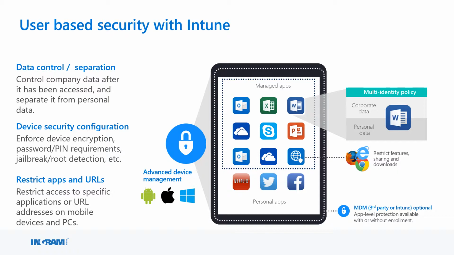Device configuration allows corporate policy to enforce device encryption, PIN requirements, and devices to be kept up to date and not jailbroken. Restriction of applications allows protection of corporate data to be only accessed and stored within corporate managed applications and not copied into personal apps.